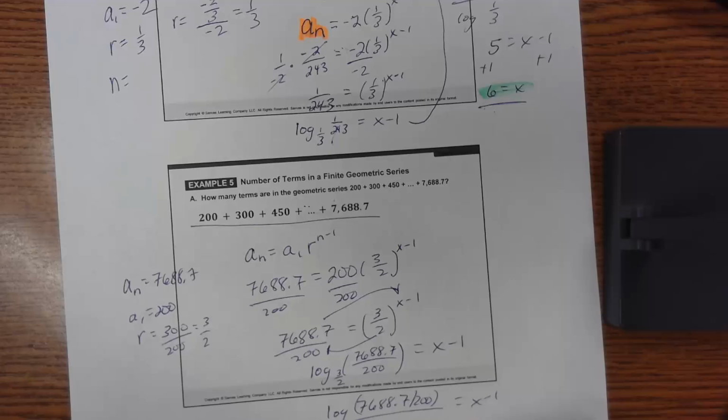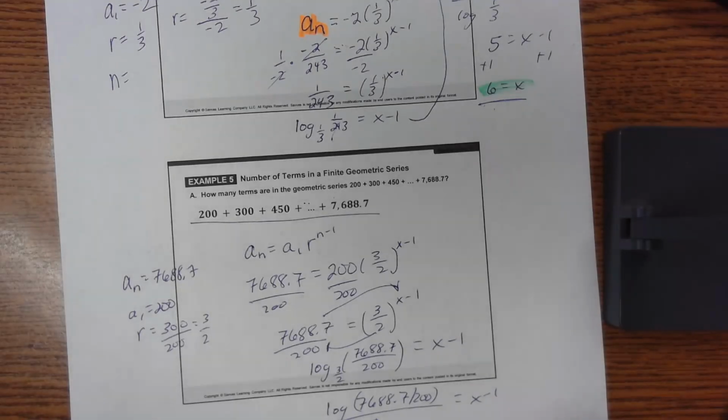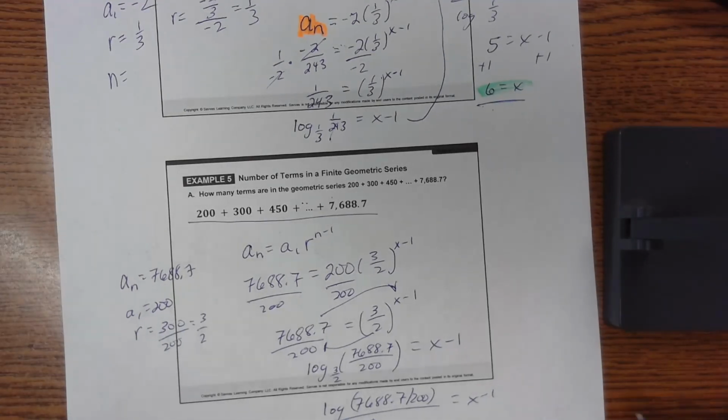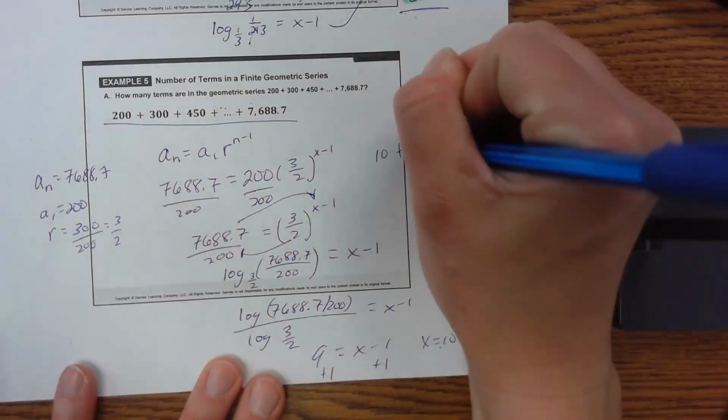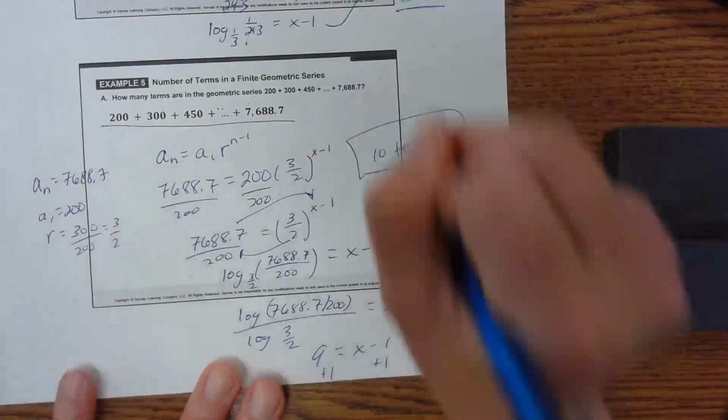And we get 9. Add 1. And we get x equals 10. So there are 10 terms in this sequence.